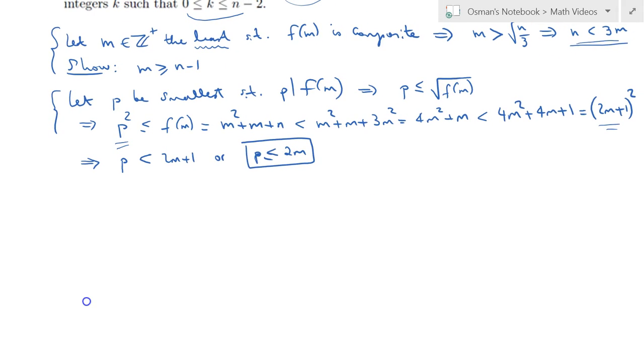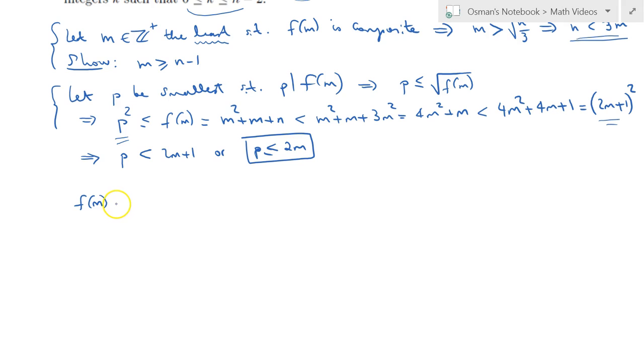I would like to make the following observation. Please have a look at the following expression here. So consider f of m, which is our composite number, minus f of k. So this is equal to m squared plus m plus n minus k squared minus k minus n.